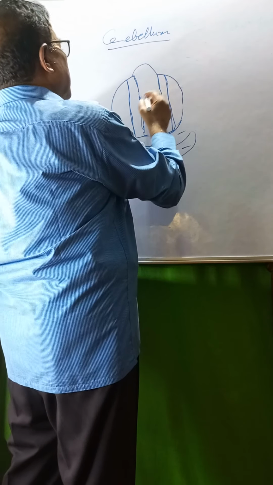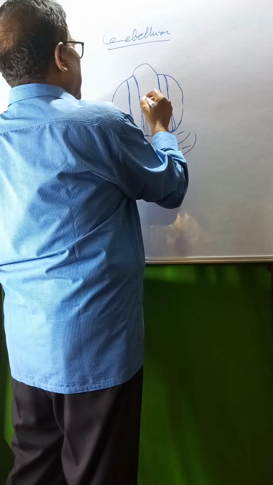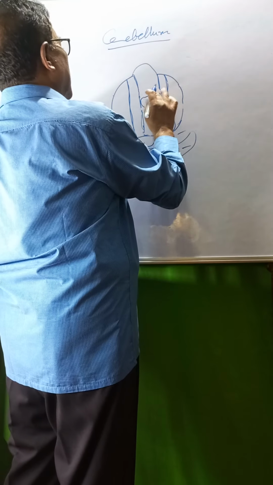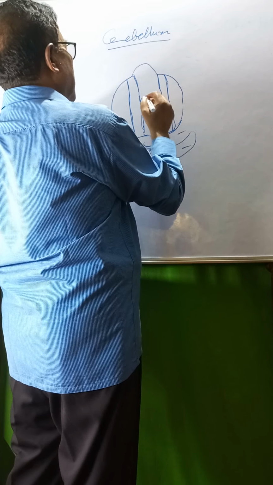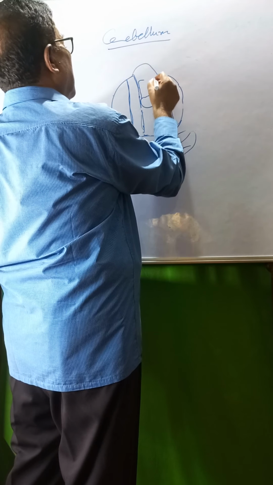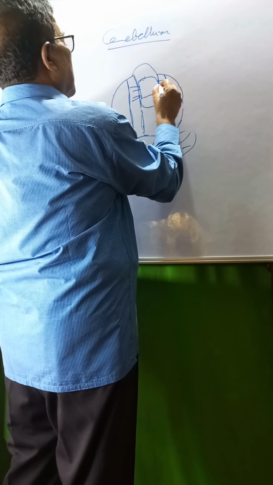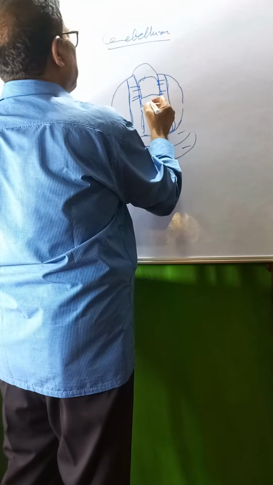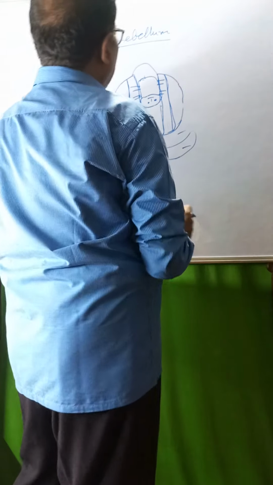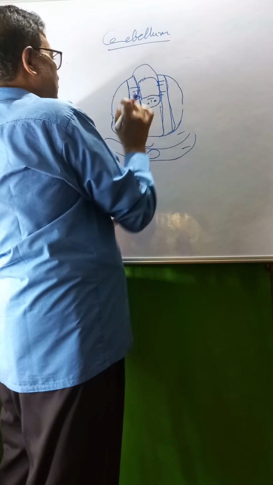In the anterior part, the body representation is inverted and clear. This part, that is vermis, will represent the axial part, and the paravermal area will show the peripheral parts, upper limb and lower limb.